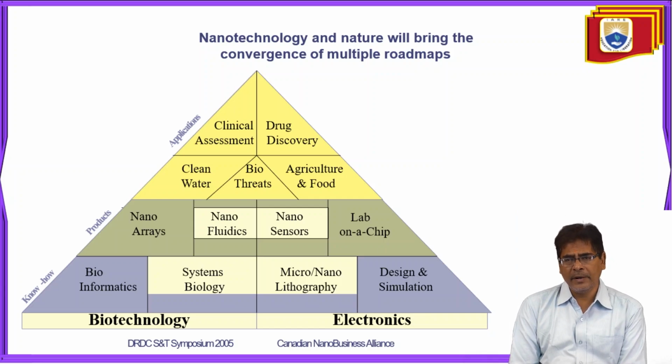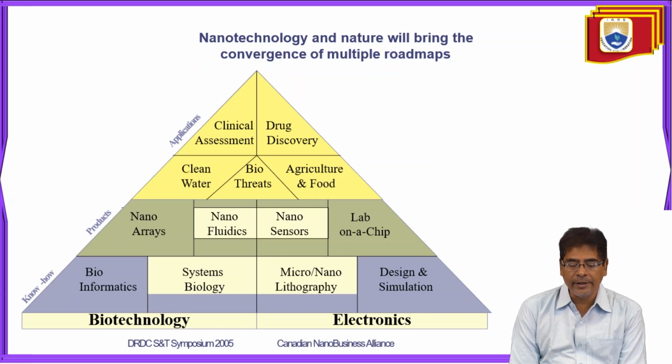Lithography is a patterning part, and the other one is lab on a chip design. Lab on a chip, where the nanosensors, the electronics play an important role in nanosensors, whereas in biotechnology we have nanofluidics and nanoarrays. So these are the products that are obtained.